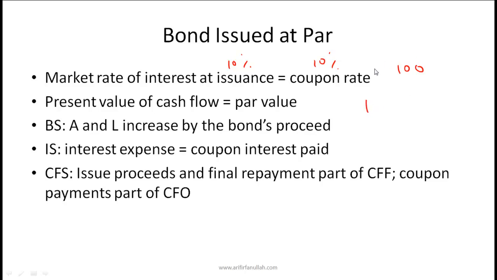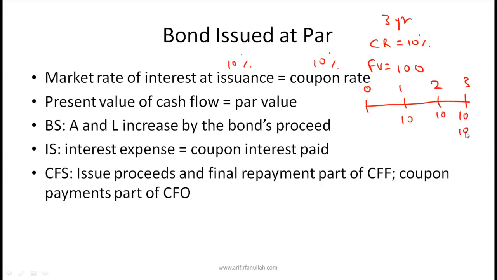So if the face value is 100, the coupon rate is 10%, and say this is a 3-year bond, then the cash flow for this bond at times 0, 1, 2, 3, is 10, 10, 10. These are the 3 coupon payments plus the face value at the end.